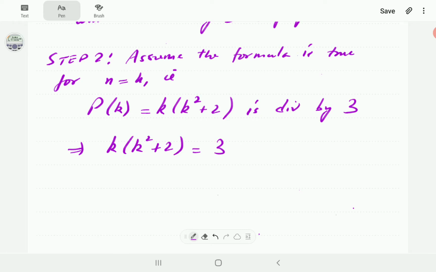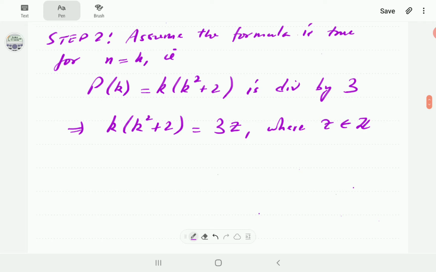So let's say this is 3 times z, where z is an integer. So that's what this assumption is saying. Okay, so we're done with step 2.